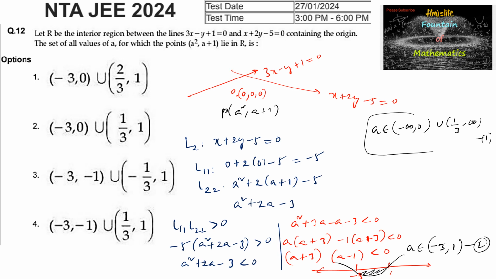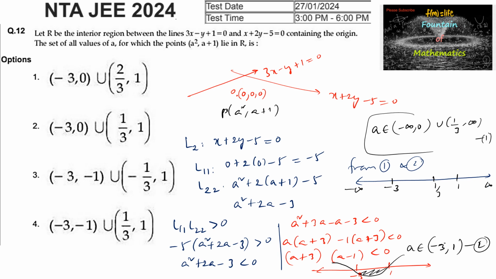So from 1 and 2 we can say that, let us consider minus 3, and here it is 1 by 3 and 1, plus infinity, minus infinity.